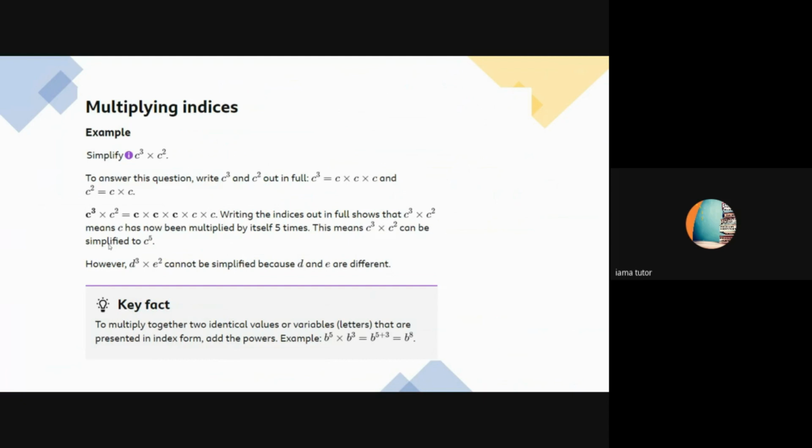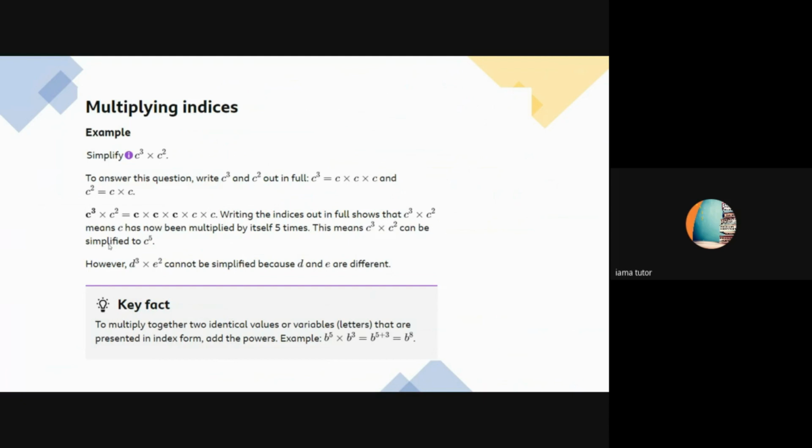However, if you see another example, d cubed times e to the power 2, this cannot be simplified. Why? Because your bases are different. Here your base in the first is d and in the second is e. D and e are different variables, so you cannot multiply these indices.